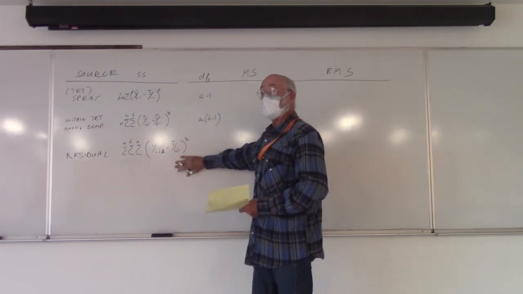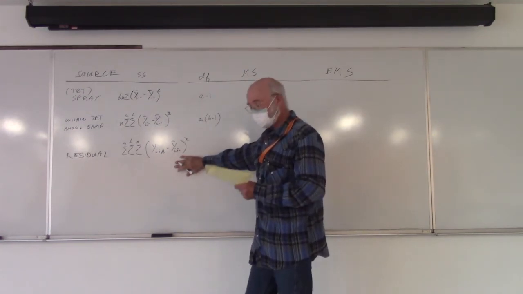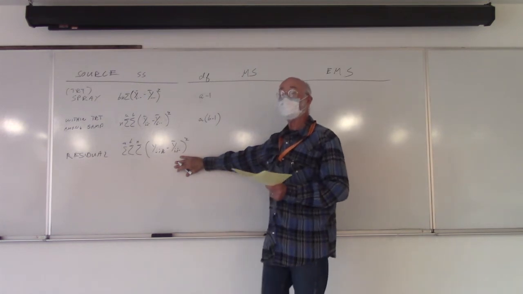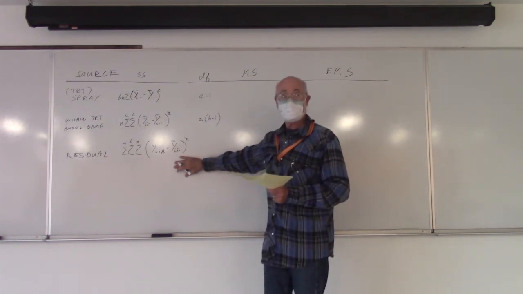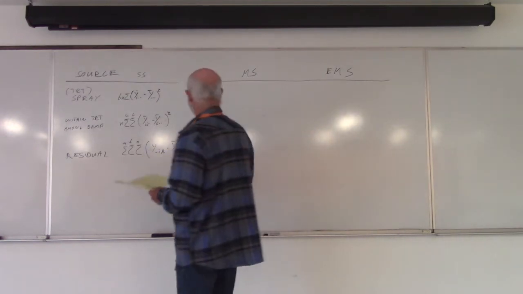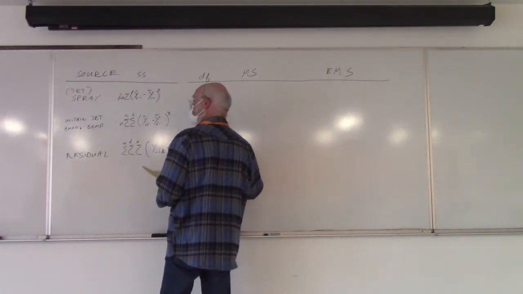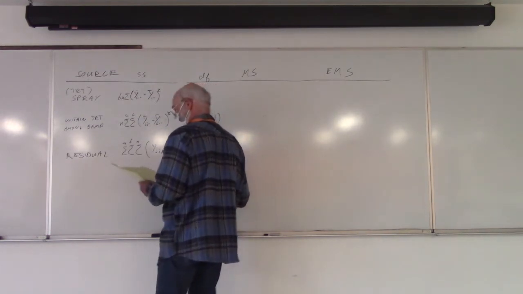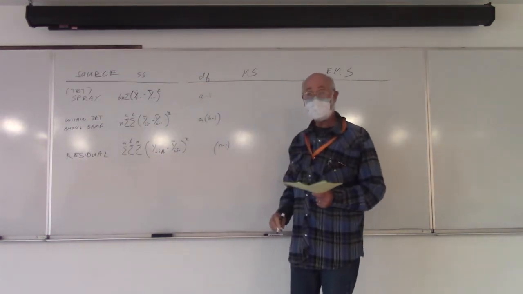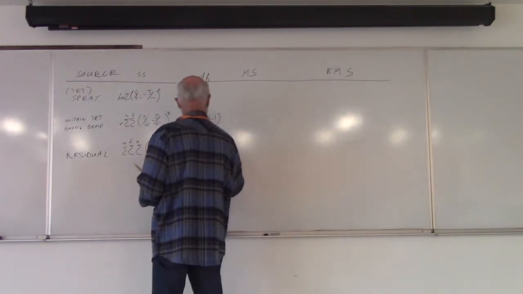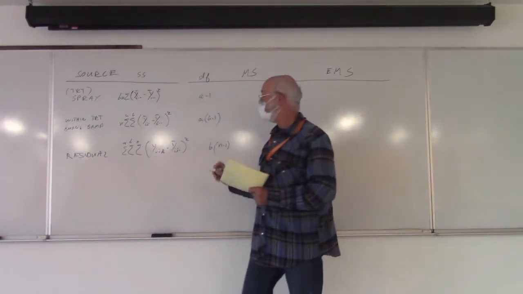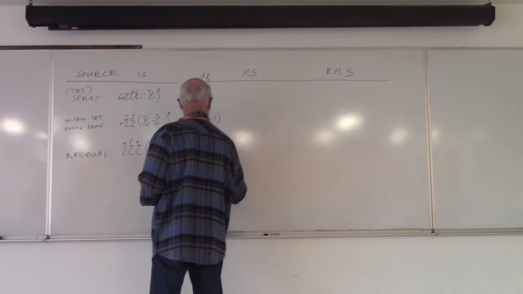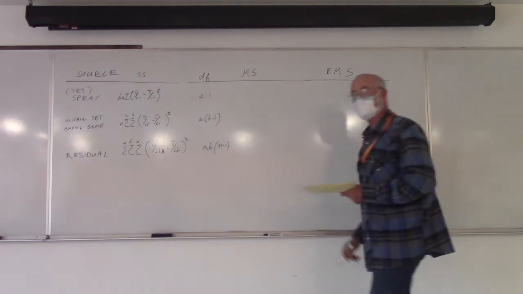I'm estimating epsilon, but I'm estimating epsilon inside each tree. So I'm losing 1 degree of freedom there. I have n leaves within each tree, so n minus 1. And I have b trees and I have a sprays, so it's ab times n minus 1.